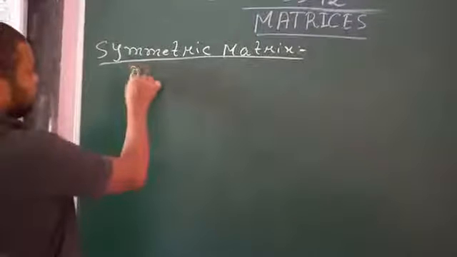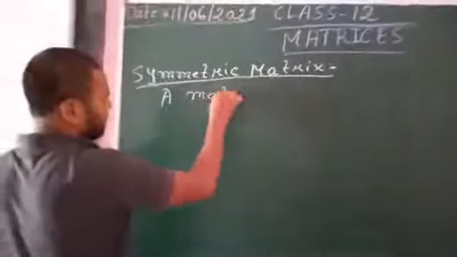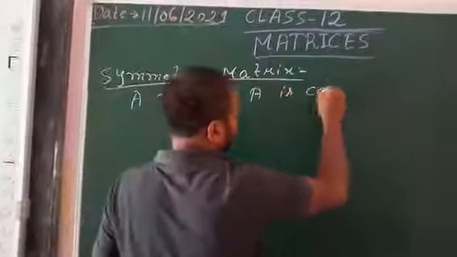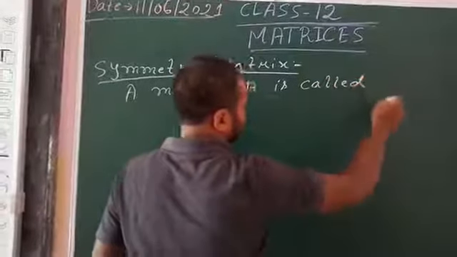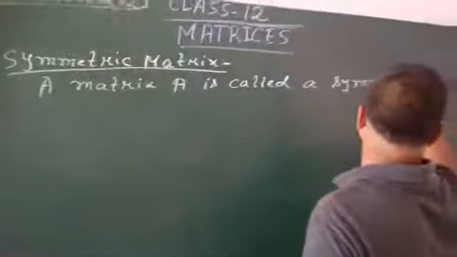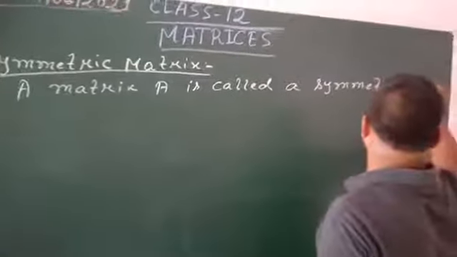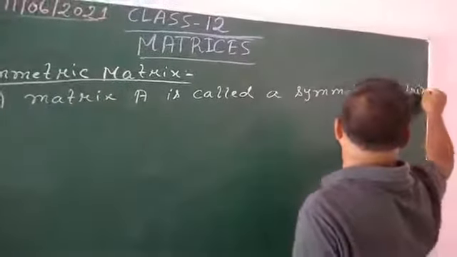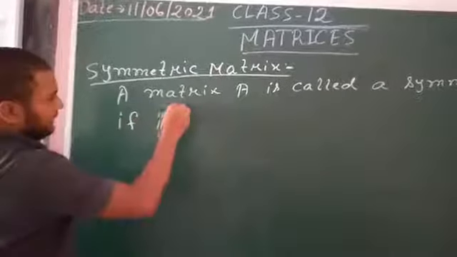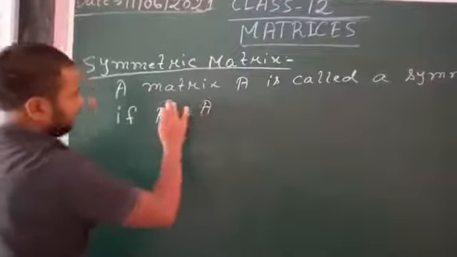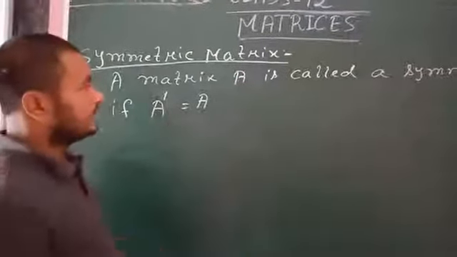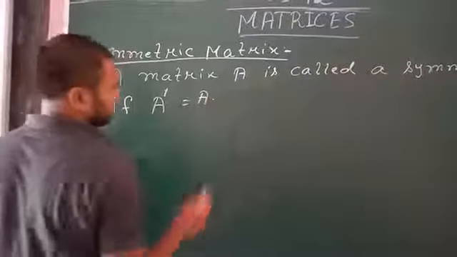A matrix A is called a symmetric matrix if the transpose of A is equal to A, or A transpose equals A. If A transpose is equal to A, then we say it is a symmetric matrix.